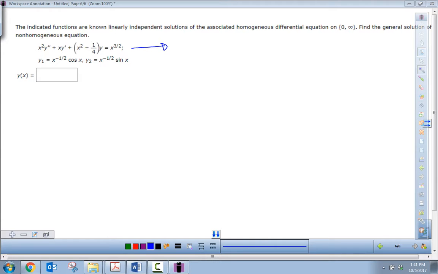Y1, Y2. When we start dealing with higher order differential equations, one of the important things to remember is that we want to get the leading term to have a coefficient of 1. So I'm going to divide everything by x squared.